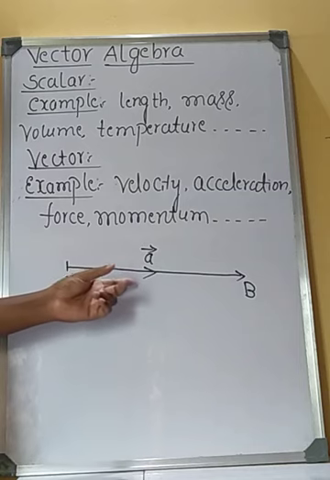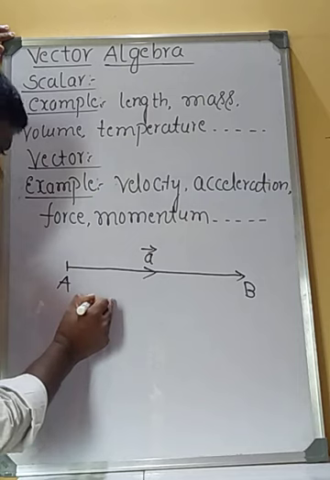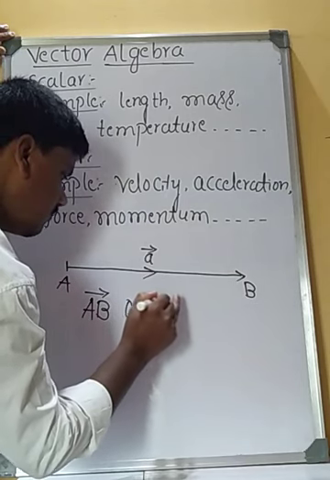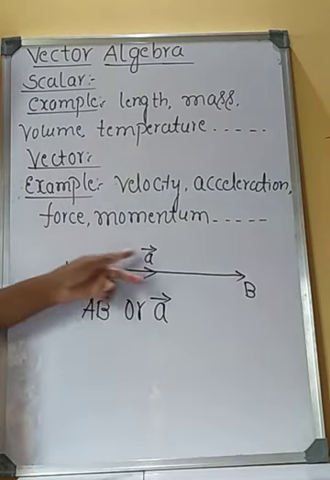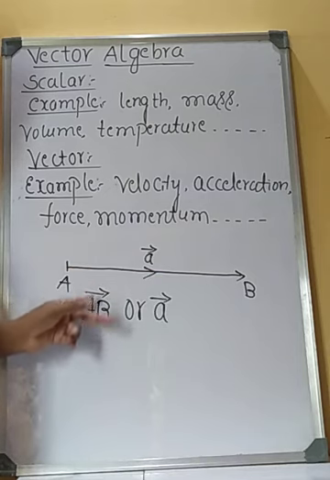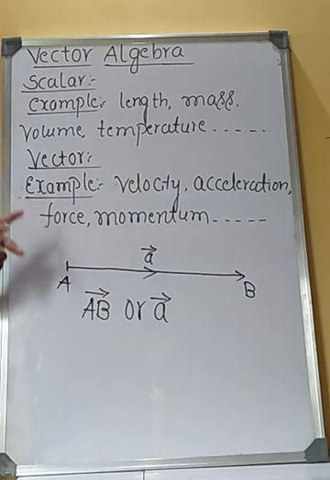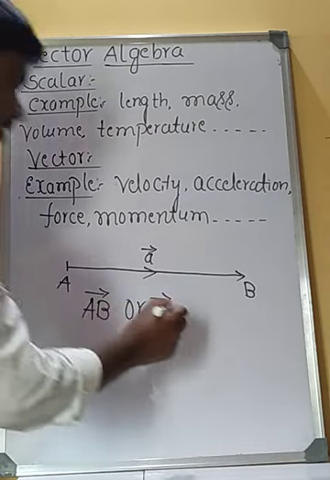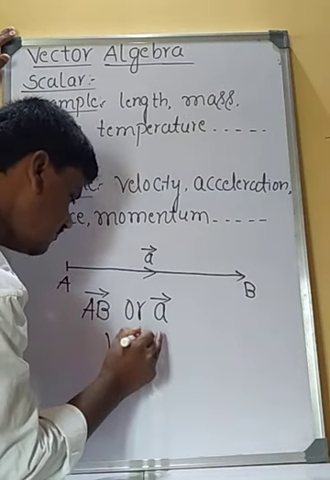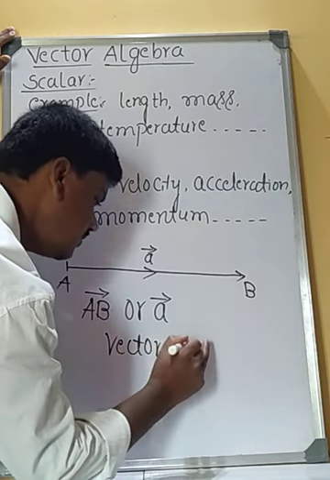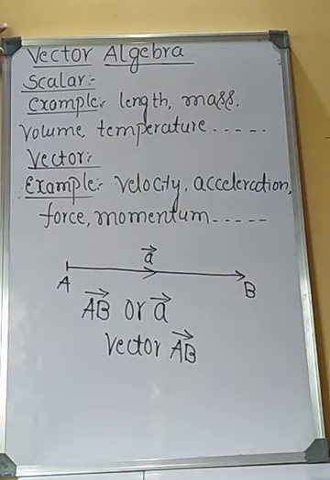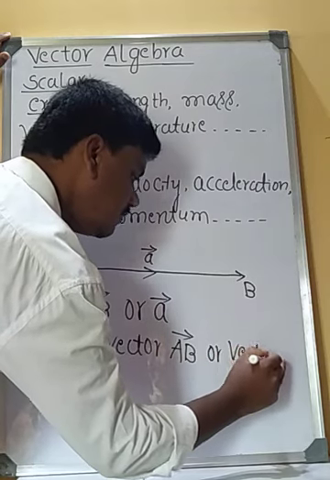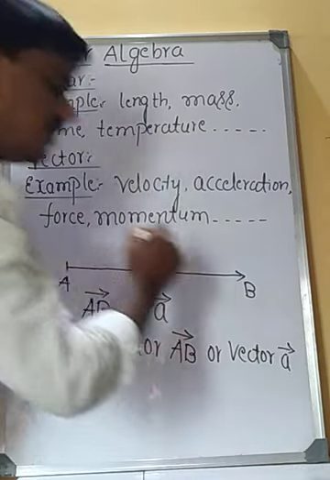A directed line segment is denoted by vector AB or small a vector, or simply as vector A, and is read as vector AB or vector A.